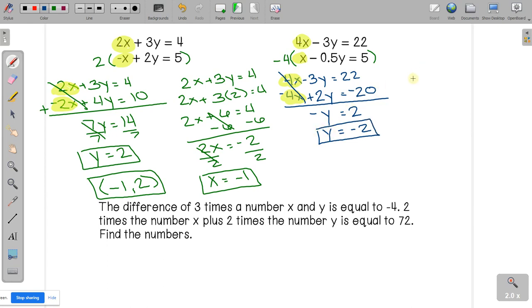Now let's find our x. We use our top equation, 4x minus 3y equals 22. Substitute negative 2 in. Negative 3 times negative 2 is a positive 6. Bring down everything else as is.